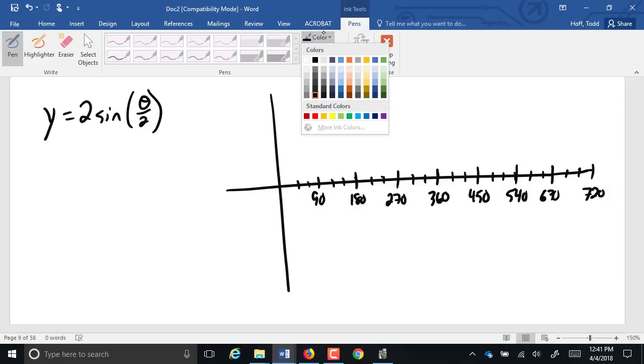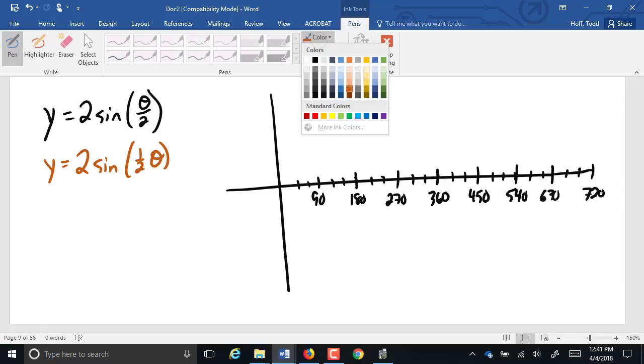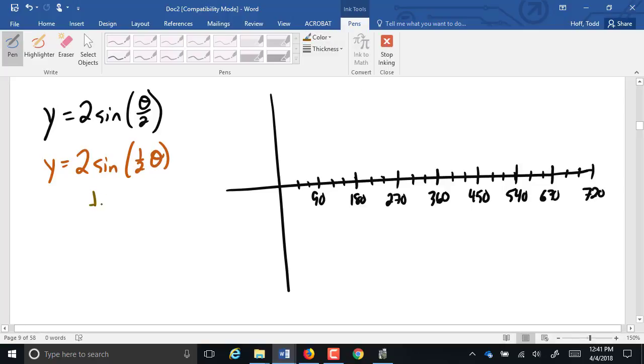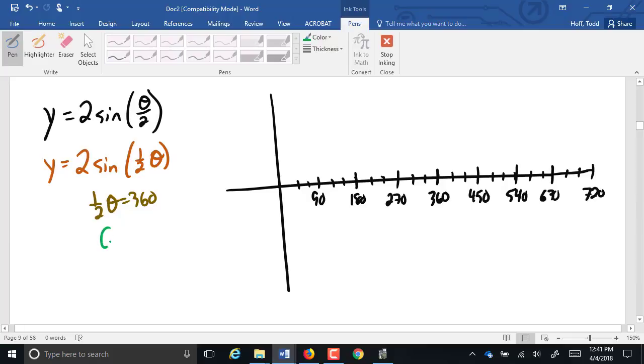But what this is really saying is y equals 2 times the sine of theta over 2, which is 1/2 times theta. So 1/2 theta equals 360. If we divide by 1/2, or multiply by 2, theta equals 720 degrees is our wavelength. So we start at 0, and we'll end at 720.